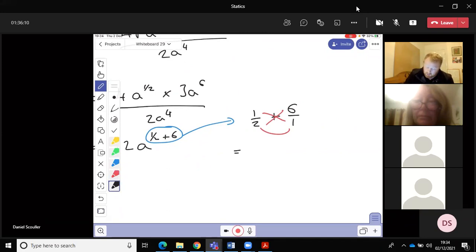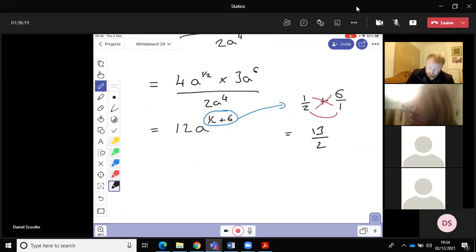Multiply the two terms, that's 6 plus 12, so that's 13 over 2. So 12a to the 13 over 2, over 2a to the 4.